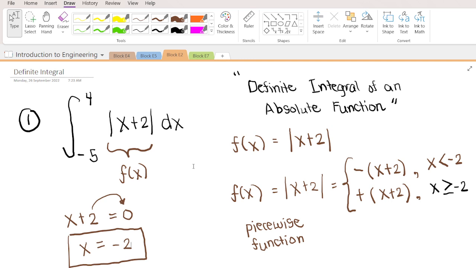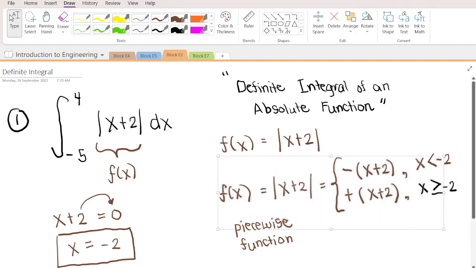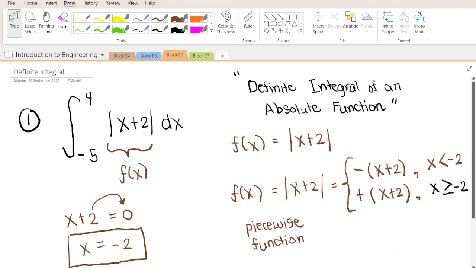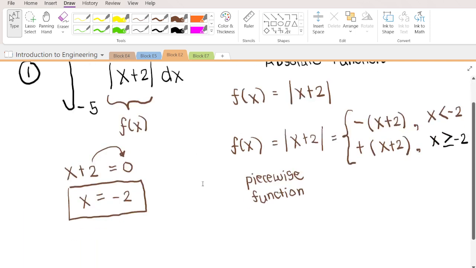Remember that the function itself is a piecewise function. It means depending on the values of x, a particular function should be applied. During the process of definite integration, you have to be mindful of the entire piecewise function because it will dictate what specific function we should use and what particular limit should cover that function.